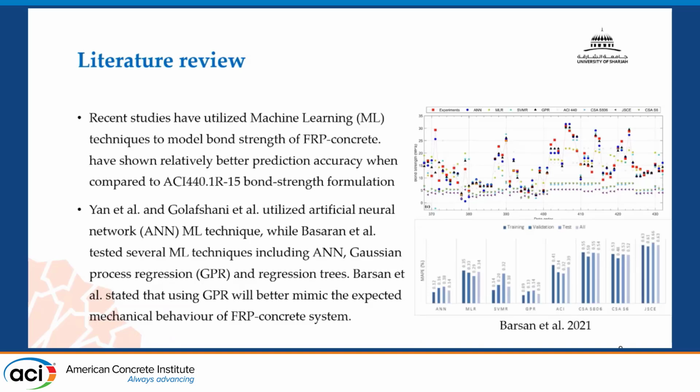Finishing the literature review, what is now coming in, I think, is the interesting different thing that she is presenting: machine learning. So I think her presentation is about using some of these tools for machine learning to poke a little bit more in depth into k sub b. She shows how machine learning has been used to model bond strength, and how they have been able to get good prediction and accuracy with respect to the equations in 440.1.